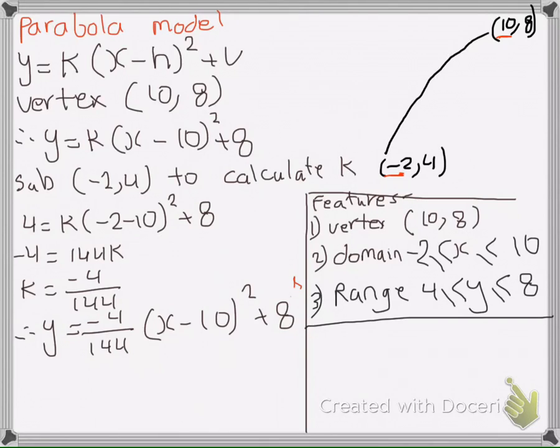Now the next bit is talking about the transformation, so basically comparing this to the main function. The main function, y equals x squared, has a vertex of (0, 0). Now we have a vertex of (10, 8).